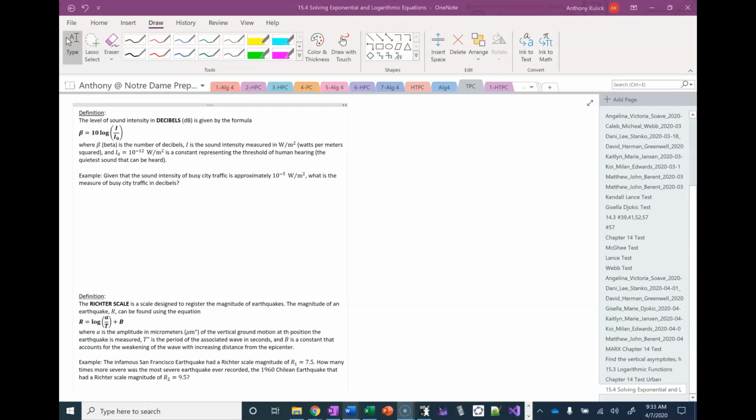I is the sound intensity measured in watts per meter squared, and I naught is another sound intensity that represents the threshold of human hearing, so the quietest sound that could be heard.